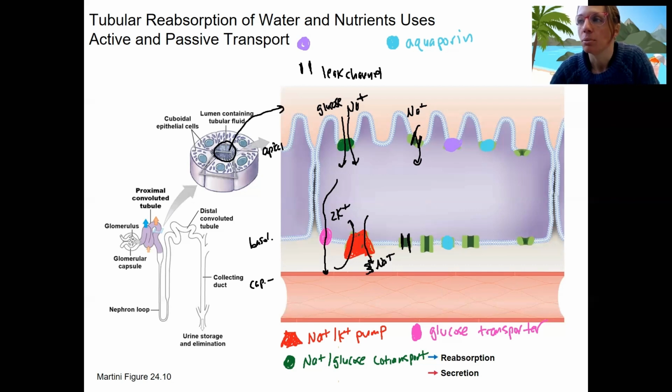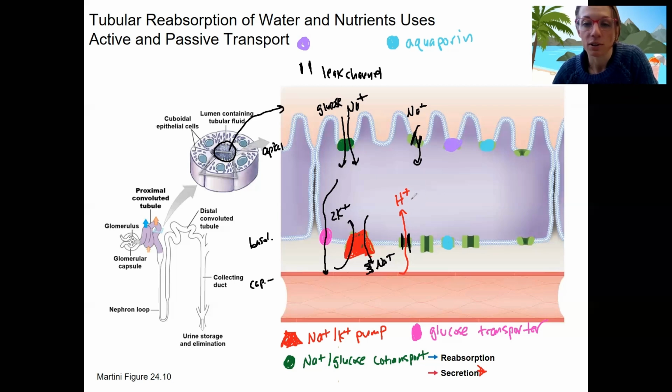This is actually going to be for hydrogen secretion. So I'm going to draw secretion in red because that's what I have for my key here. So this is hydrogen ion going this way. I'll come back to that in a moment. Actually, I'll come back to that now.